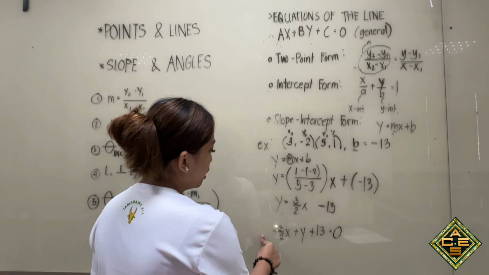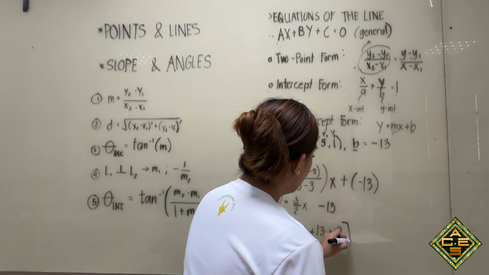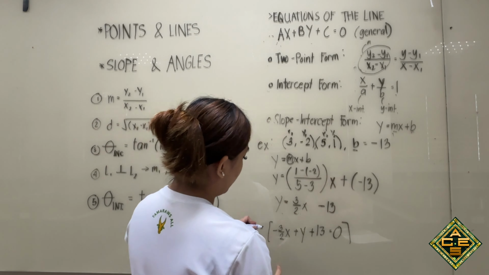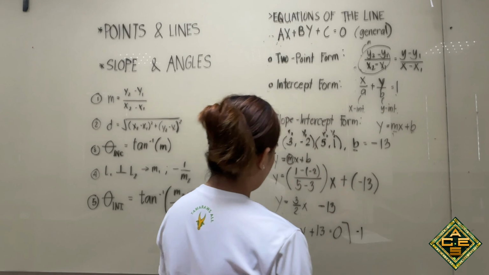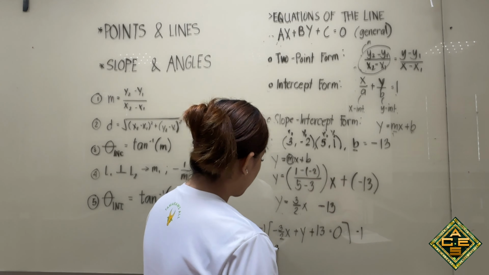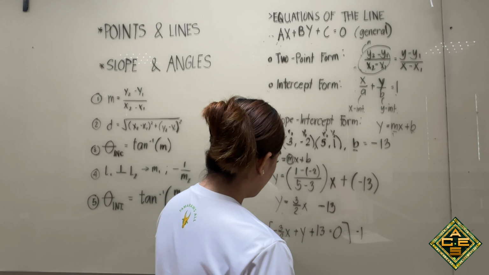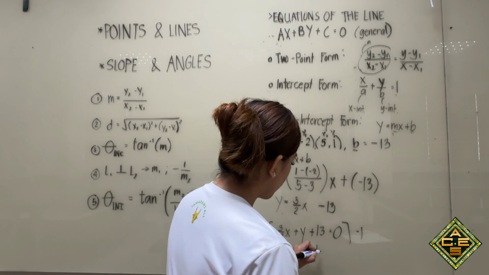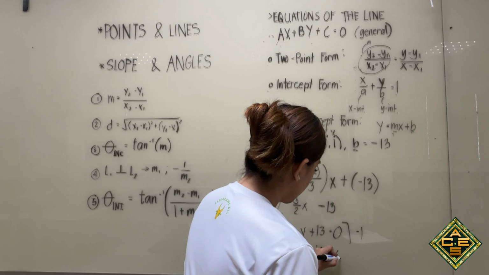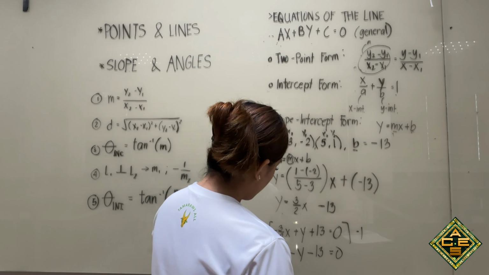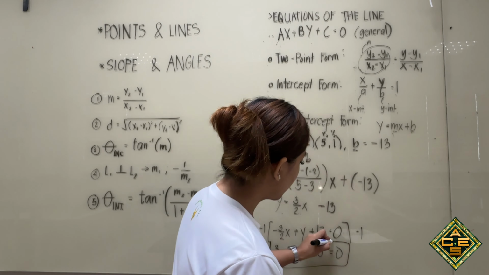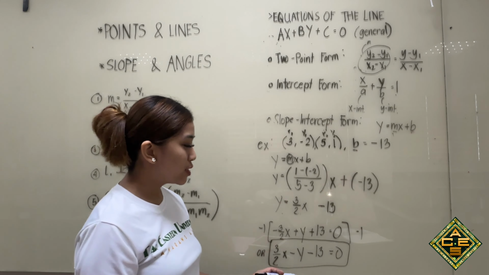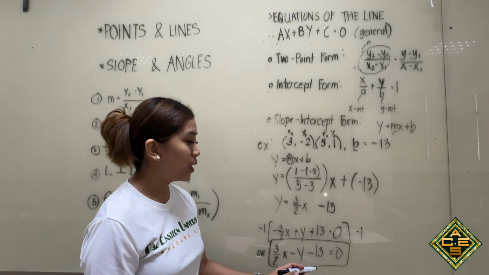Or we can multiply by -1 so that the first term of our equation is not negative. Multiplying everything by -1, we get 3 over 2x minus y minus 13 equals 0. So the final general equation of this line is 3 over 2x minus y minus 13 equals 0.